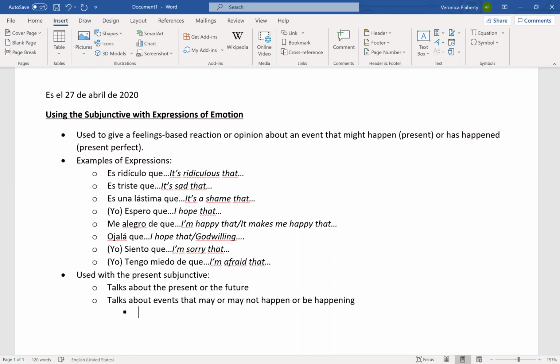So I could say, I hope that you guys understand. Espero que ustedes comprendan. Comprender is an ER verb, so we have our AN ending in the subjunctive, right? And I hope you guys understand means that maybe you are, maybe you're not, maybe you will, maybe you haven't yet.